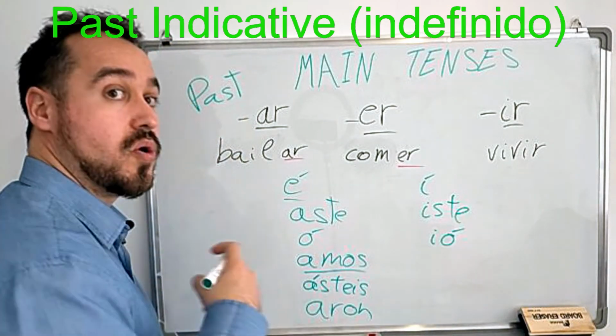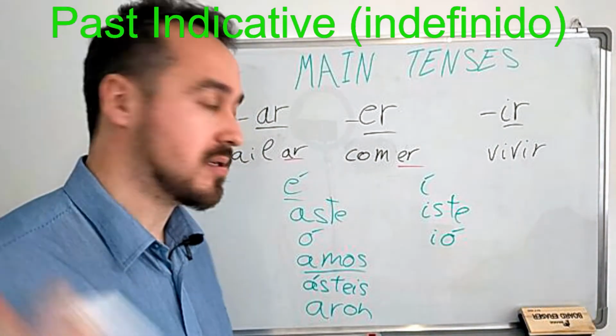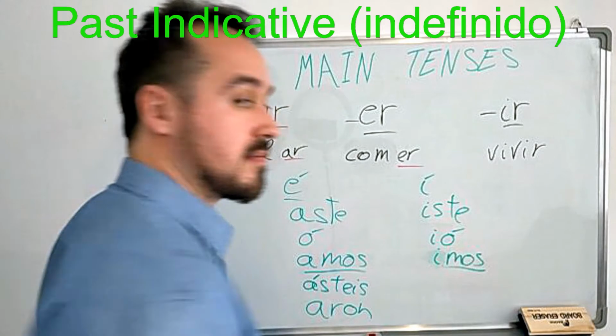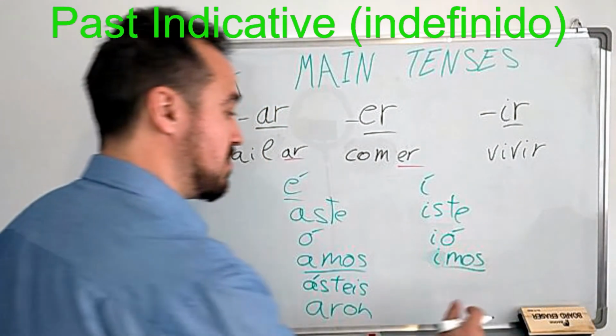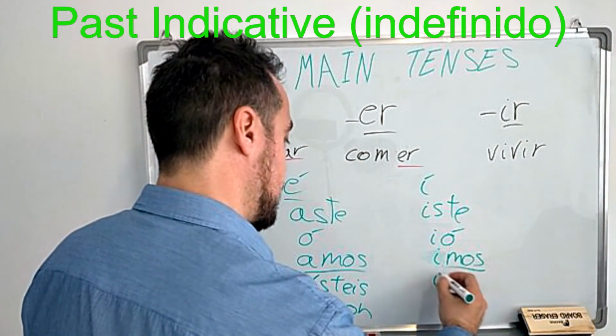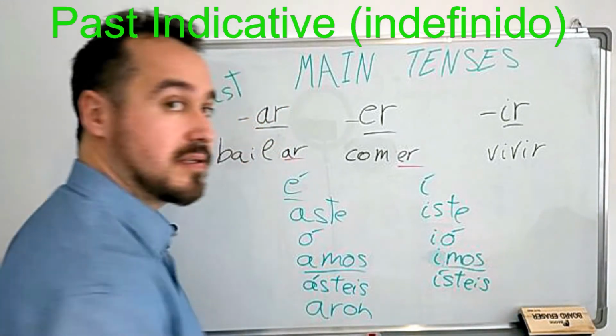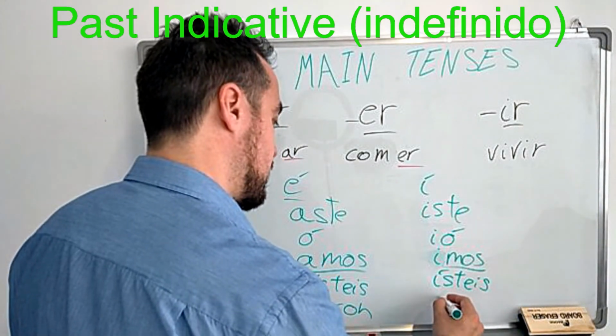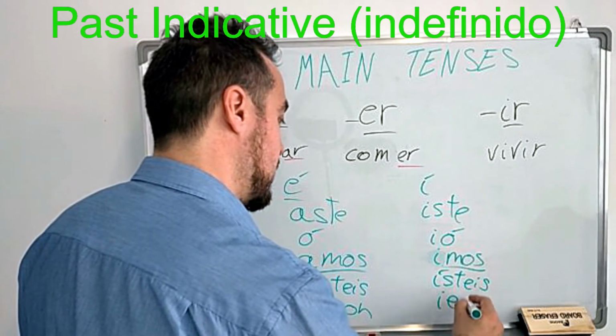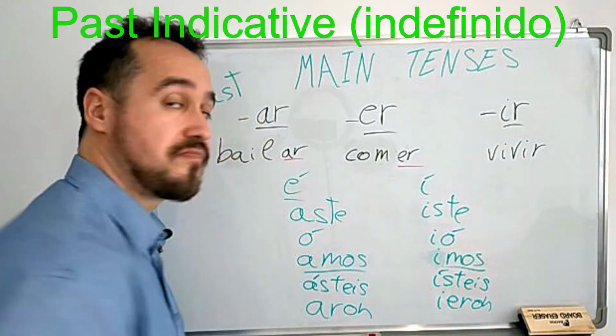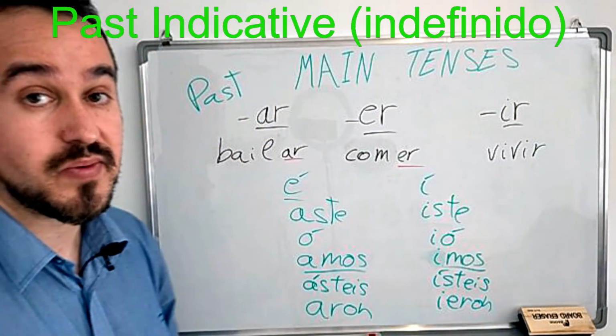Comió. He ate. She ate. Comimos. Comisteis. Comieron.